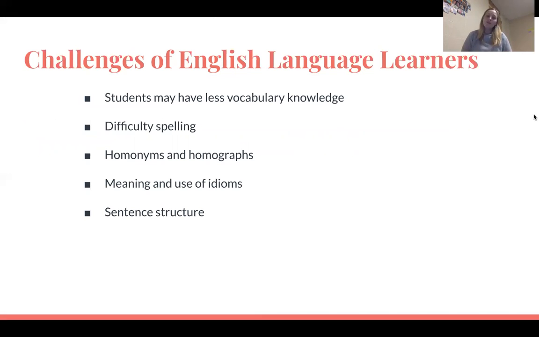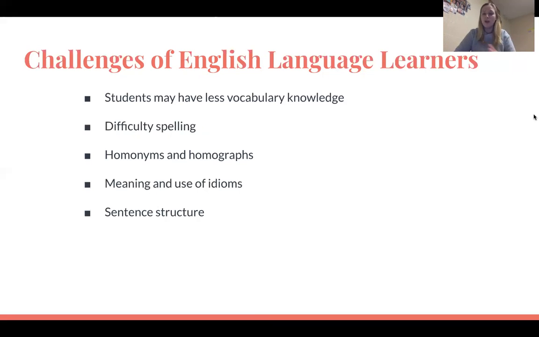So our English language learners, some challenges that they might have, there's lots more. These are just some key ones that I'm going to talk about. They may have less vocabulary knowledge due to having a wide range of words that they know in Spanish and in English. Sometimes they know what the Spanish word is or the French word, whatever language they speak. They might know the word in their first language, but they might not know it in English.